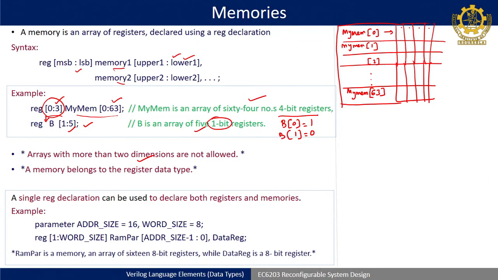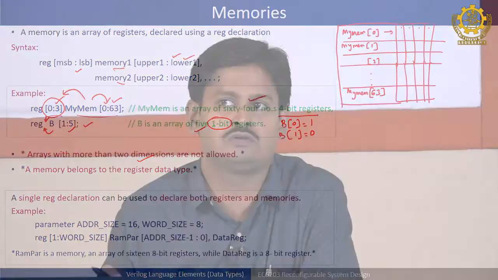So nothing is given here means it is 1 bit. Okay. So after this we decide the number of memory locations, and before this we decide the number of bits, that is, how many bits one memory location will store.